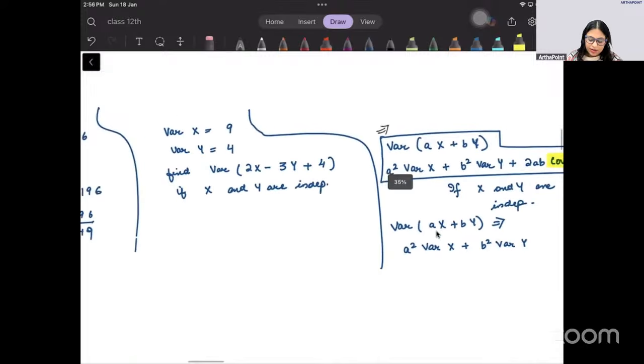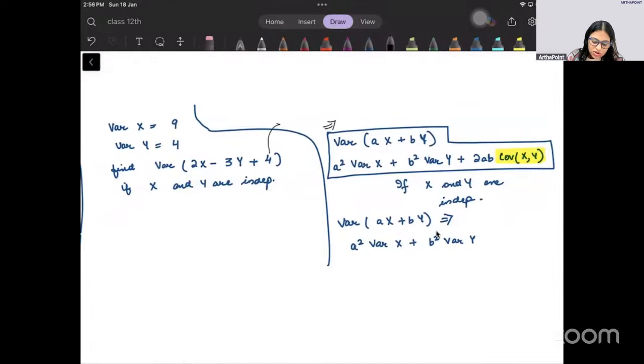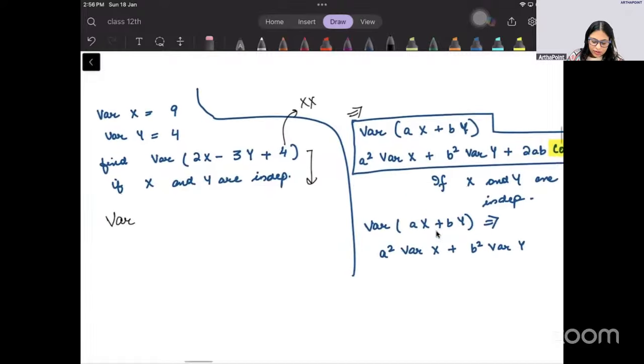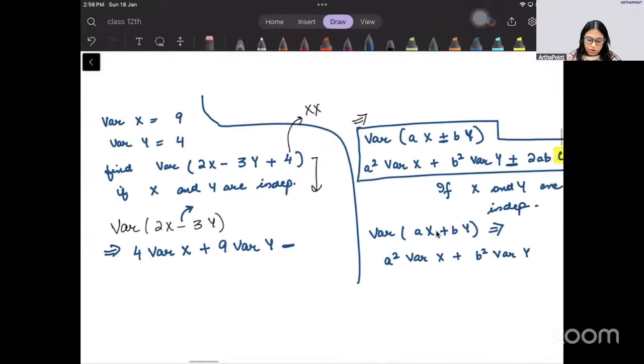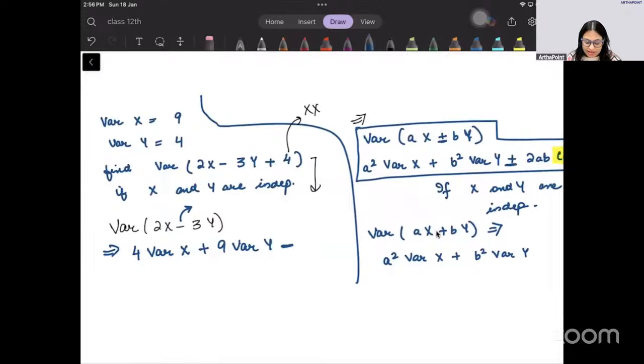So here, if I am given X and Y are independent, first of all this does not matter, remember it is a constant, so we can say that this will be variance of 2X minus 3Y. The 4 can be eliminated. And when I open this, I will get 4 variance of X plus 9 variance of Y minus, because there is a minus sign here, so this will become minus 2ab, 2 into 2, 4 into 3, 12 covariance between X and Y. And when X and Y are independent, this covariance will become 0.